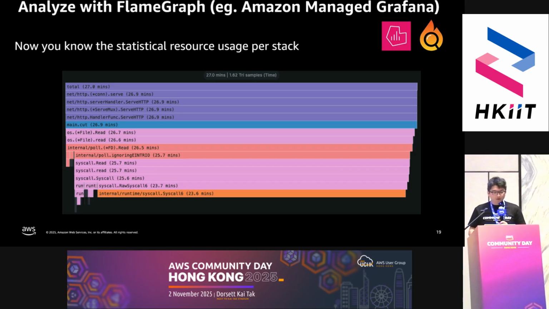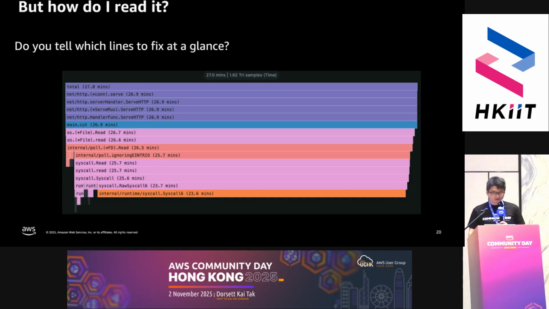And then, okay, so now what? The person who just started using a profiler or profile data may not be able to understand how to read this graph, right? So that's the problem of the usage of the profile.